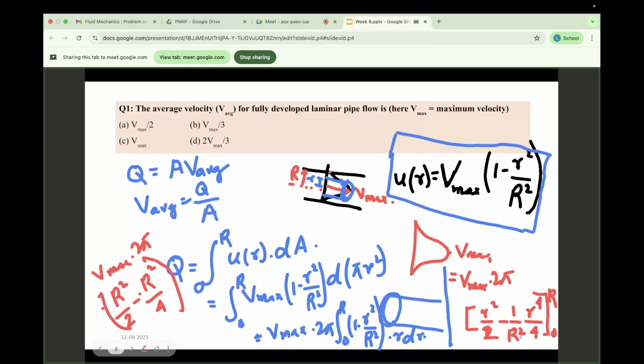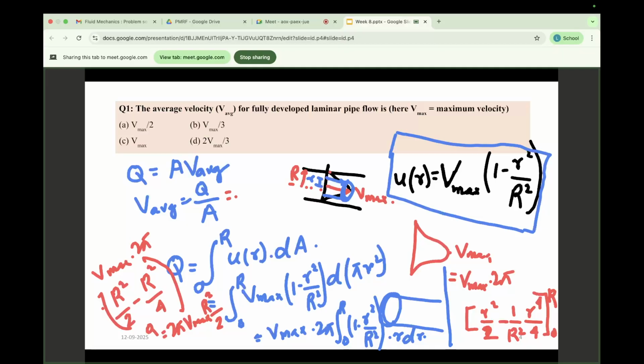So that is basically r square by 4. So we will get 2 pi V max r square by 2. That is the value of Q we are getting, right?